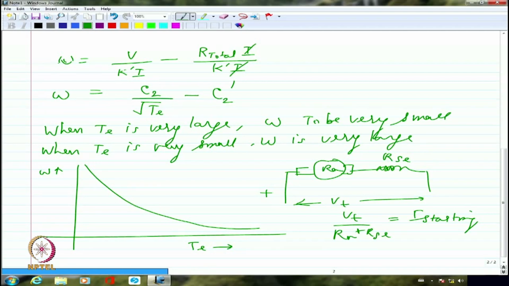There is nothing to limit the current other than its own armature resistance in the case of separately excited DC motor, and its own armature plus field resistance in the case of series motor. So I am going to get a very, very large current passing through the entire field and armature system. And what I get as the torque is K dash times I square.